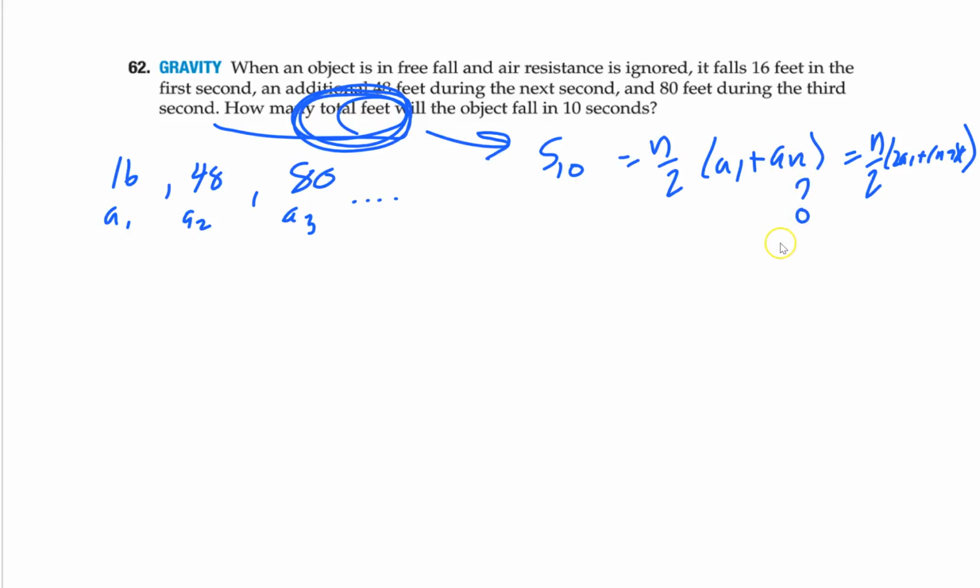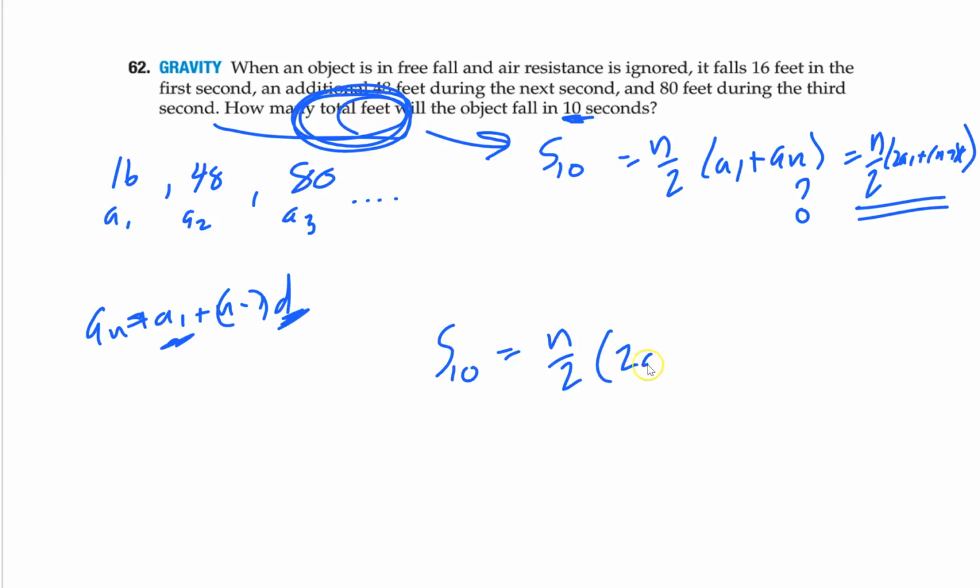You could definitely find it. I have n, and it's 10. I could find it using my basic formula: plug in a1, the common difference, and n, and you can easily find an. But instead of doing that, I'm going to use my favorite formula because I haven't been able to use it yet, and I'm itching to.